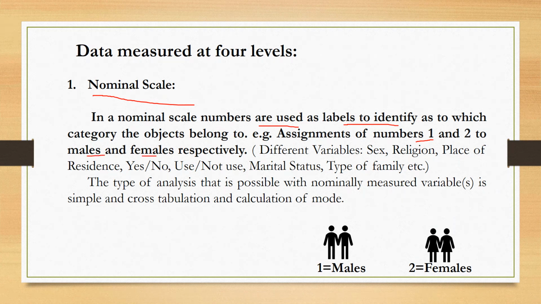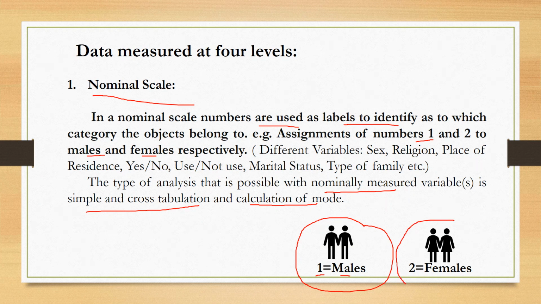The type of analysis that is possible with a nominally measured variable is simple cross tabulation and calculation of mode. So here is an example. The male group is denoted here, that is qualitative, and denoted with this one. This is quantitative. However, here is the female group.